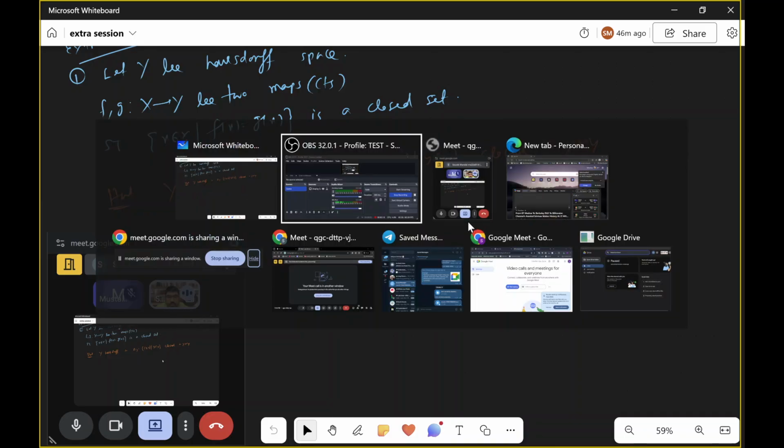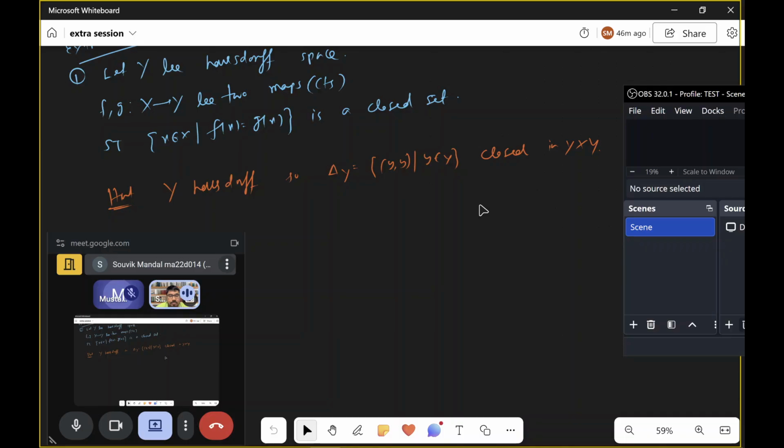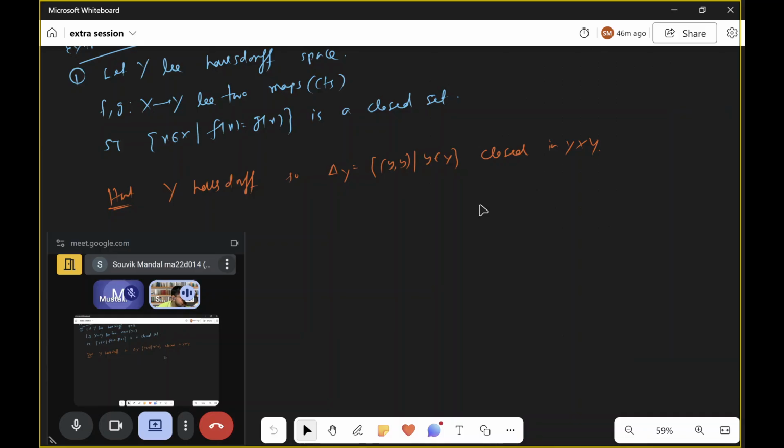The big deal is to show that delta is closed in Y cross Y. Take your time.